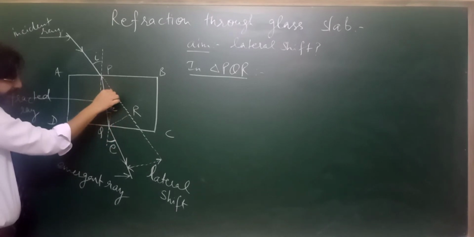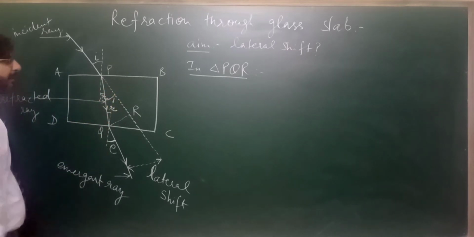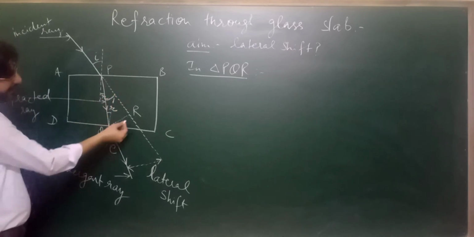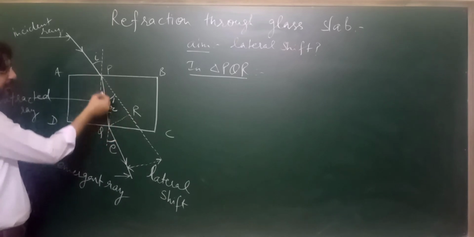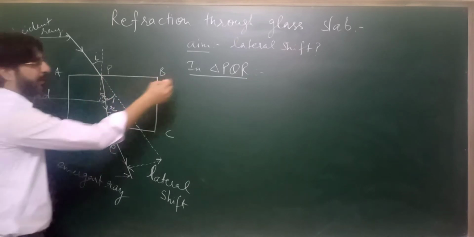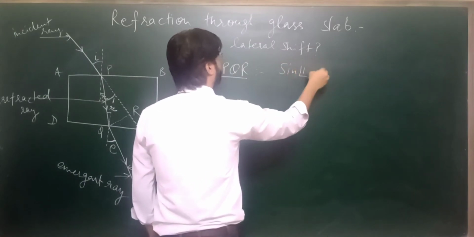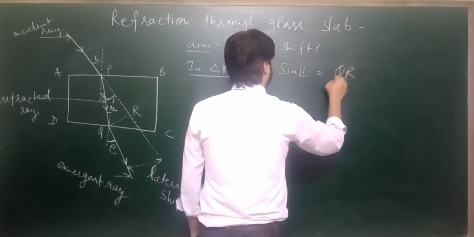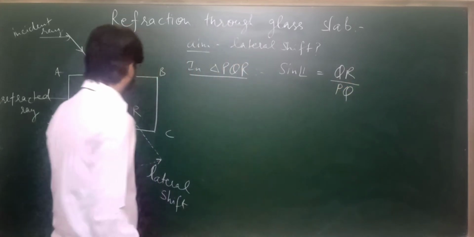So this angle, suppose this is angle 1. So sine of this angle we can say as this by this. That means QR by PQ. That is sine of angle 1 is equal to perpendicular by hypotenuse. Hypotenuse is PQ.